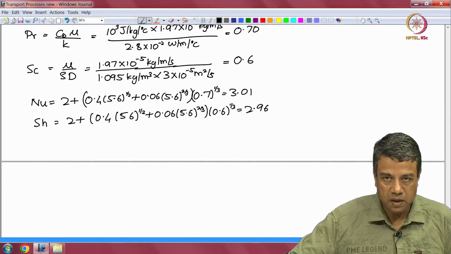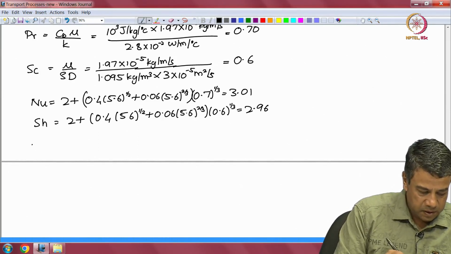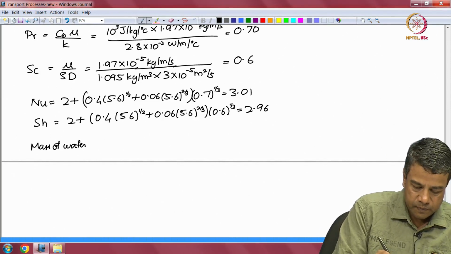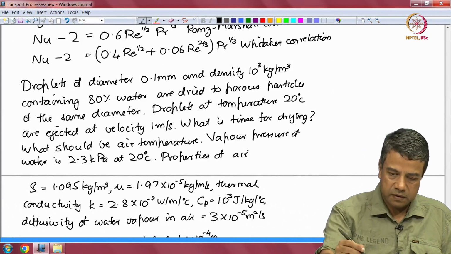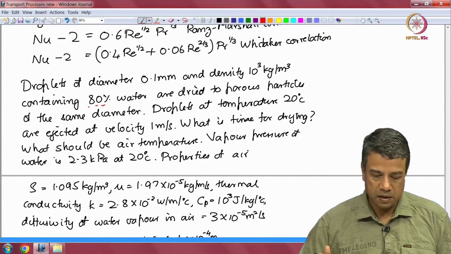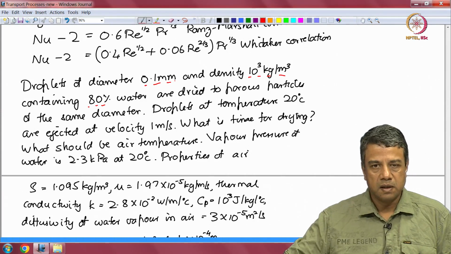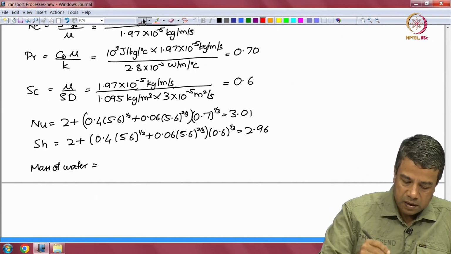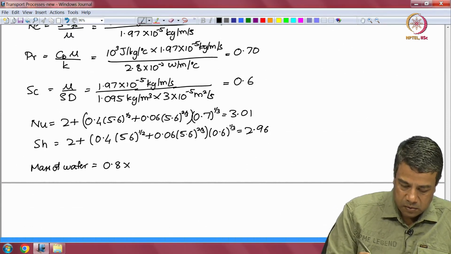From one droplet, the mass of water in the droplet: note that water formed about 80% of the droplet, and the droplet density was 10 power 3, diameter was this. So, mass of water in droplet is equal to 0.8 into the total mass.